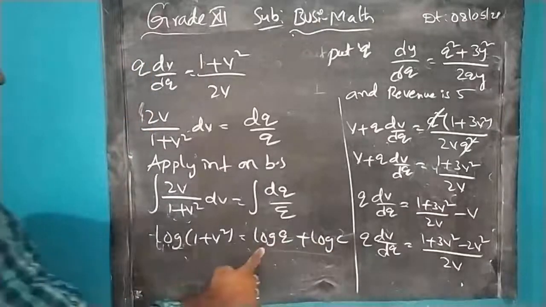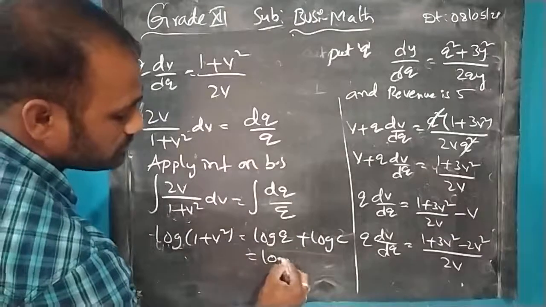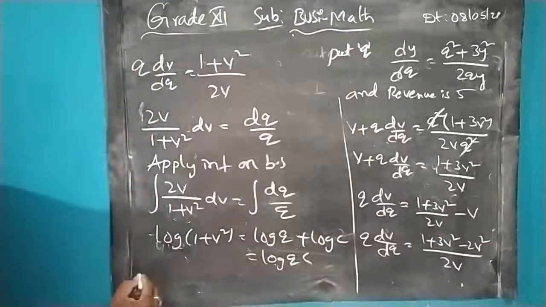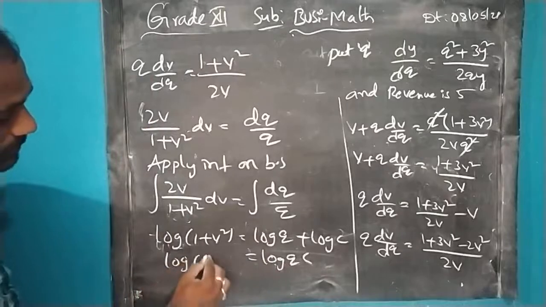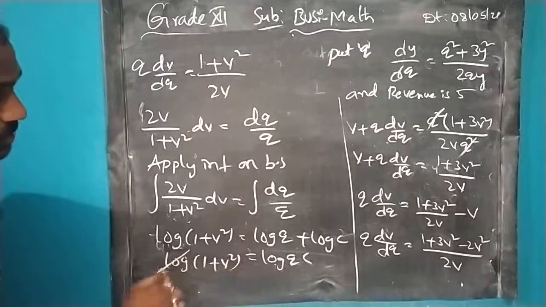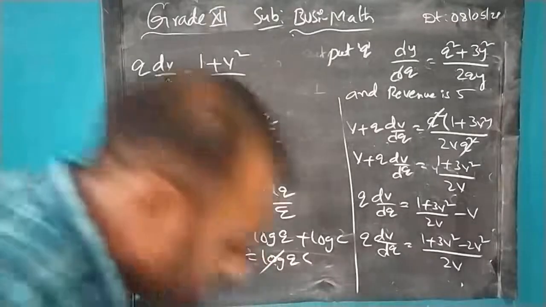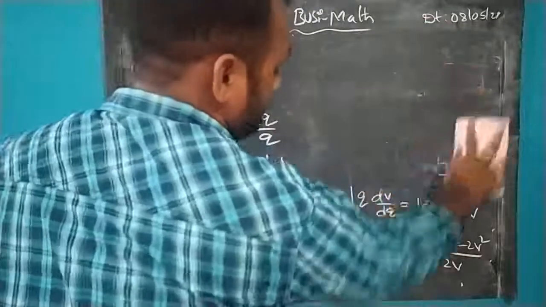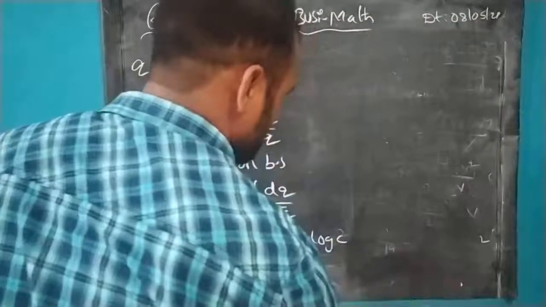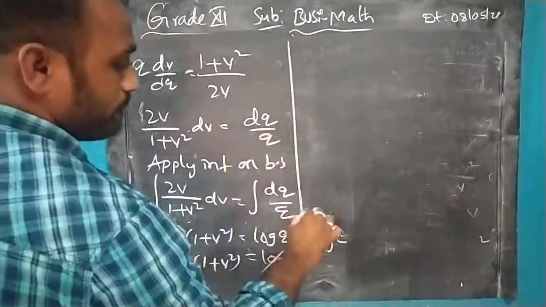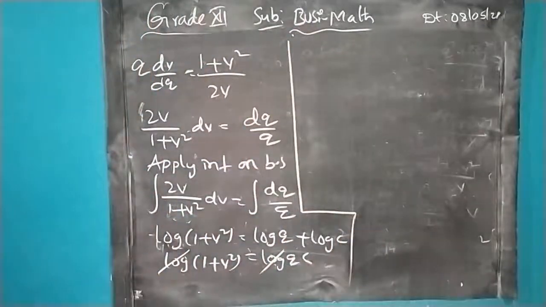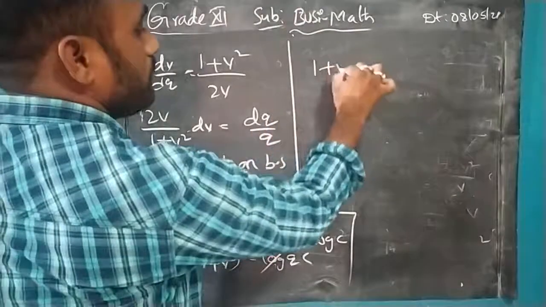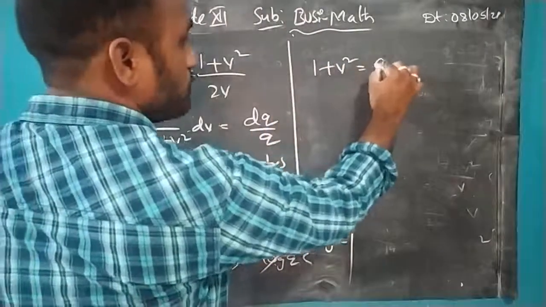So log a plus log b can be written as log qc. Here as such log of 1 plus v square. So log gets cancelled. Now we are left with 1 plus v square is equals to qc.